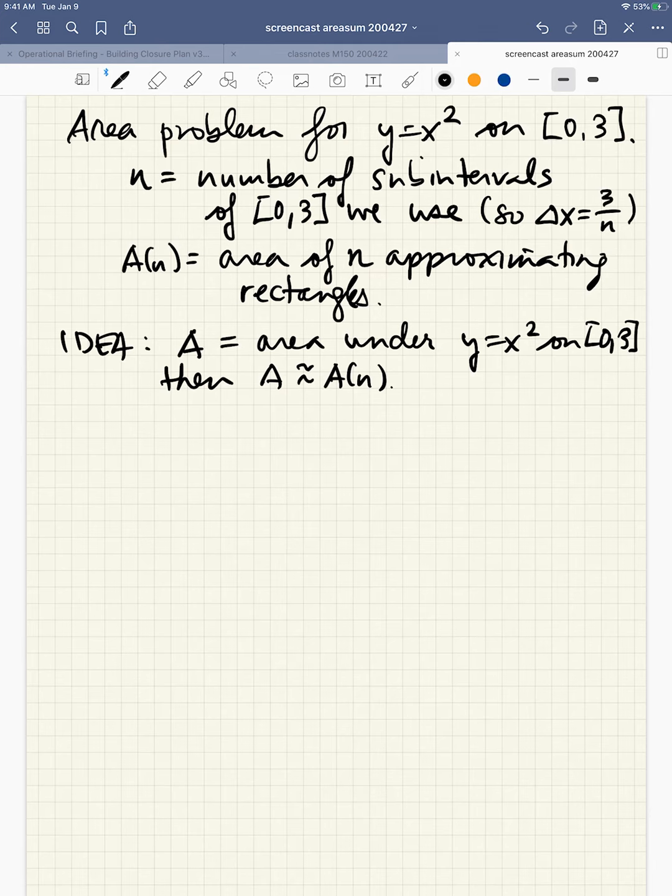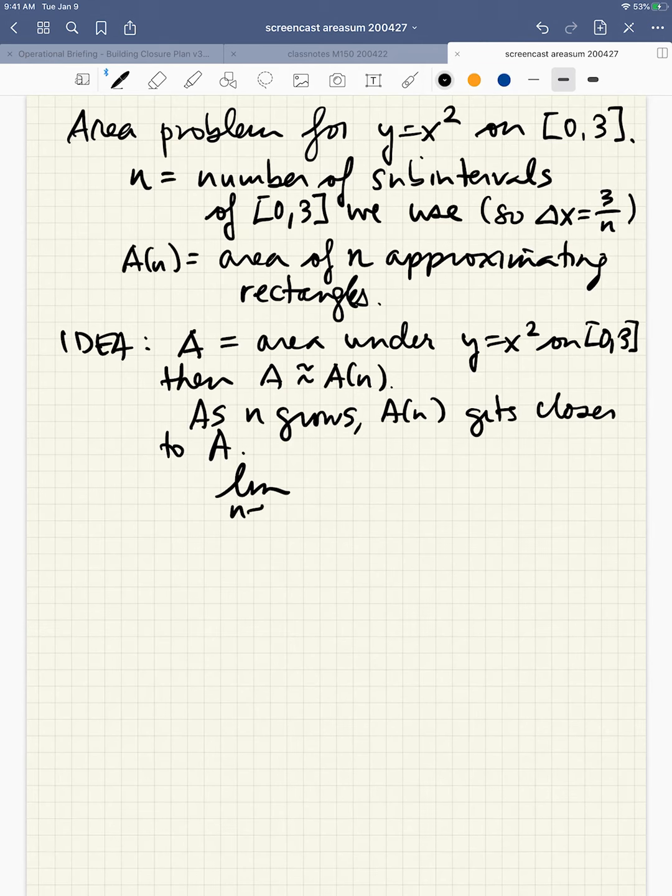And also, as n grows, A_n gets closer to A. In fact, the limit as n goes to infinity of A_n is going to be equal to A. So this is the idea behind the work we did in class today, April 27th.